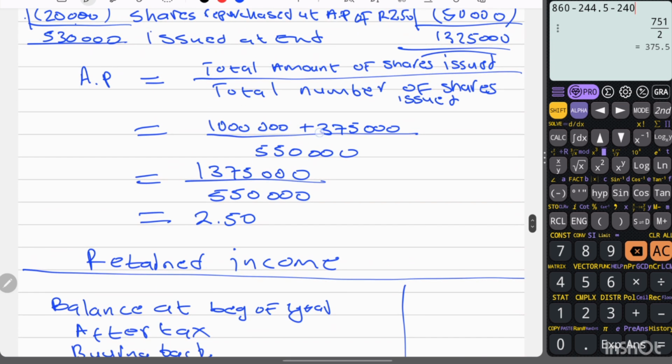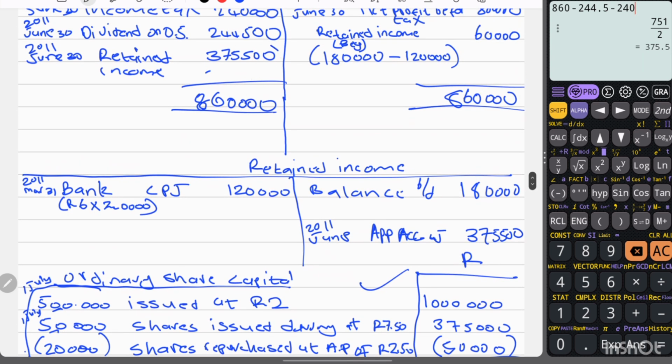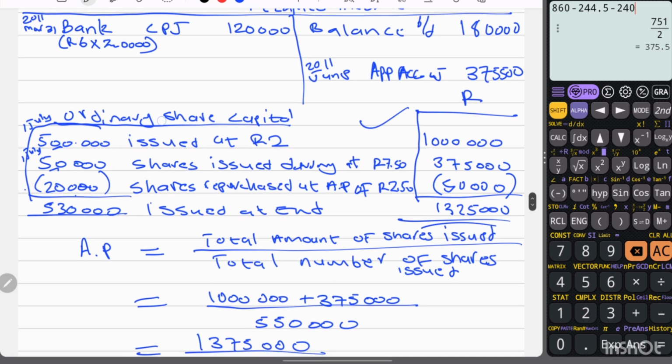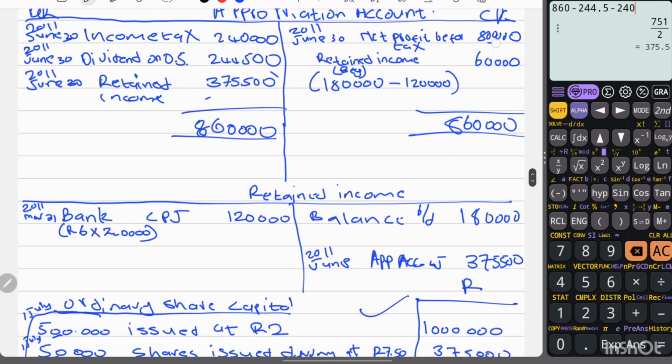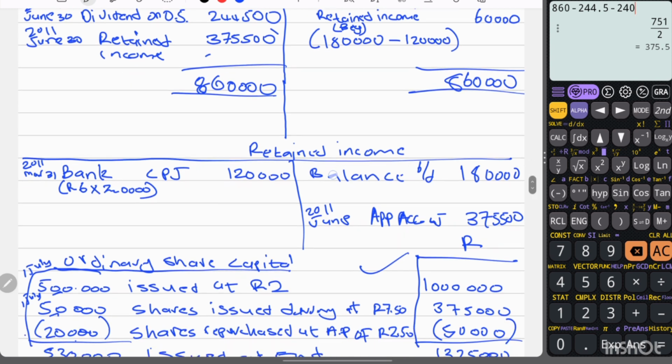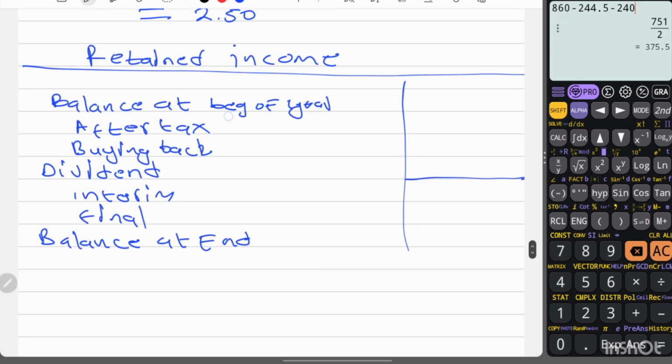I just want to prove this return income, guys, using the note for the returned income. Remember, we were given our net profit before tax as 800,000 and our income tax as how much? As 240,000. And remember that the difference between the two will give you a net profit after tax.